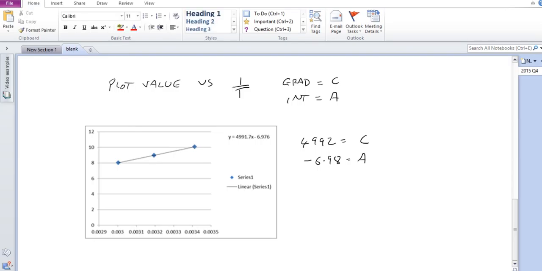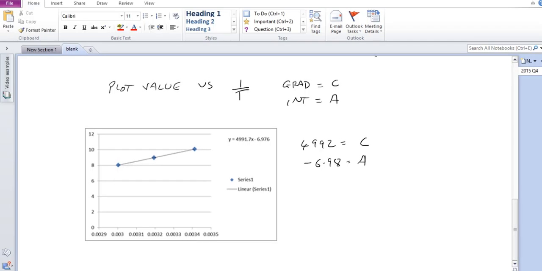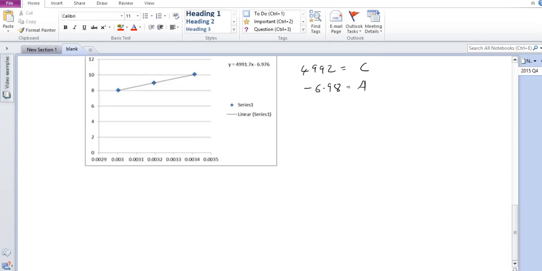So that's all fine, but obviously that requires plotting, and there may be a simpler way of doing it. The other way we could do it is as a simultaneous equation. We can take two of the points.